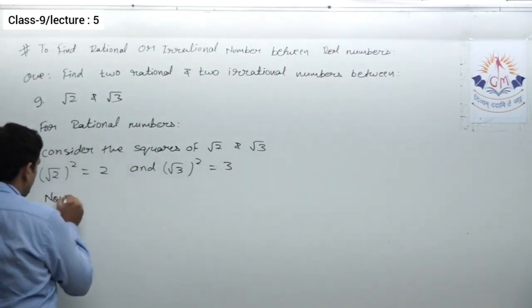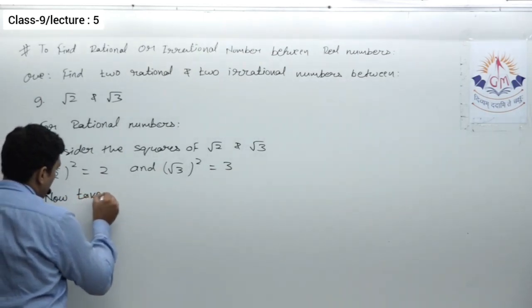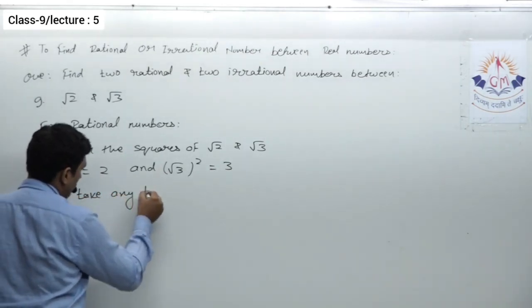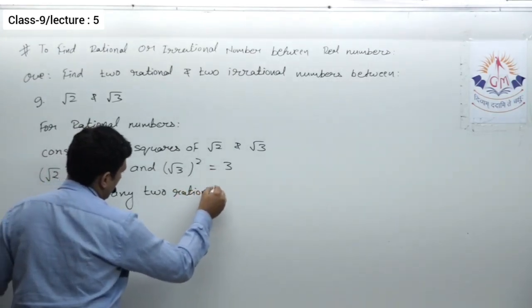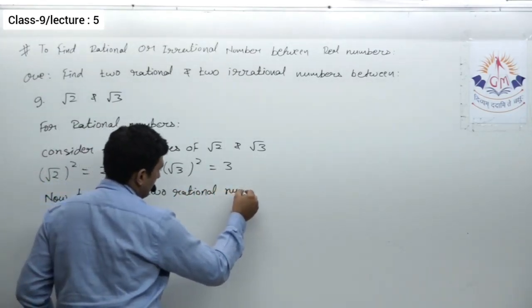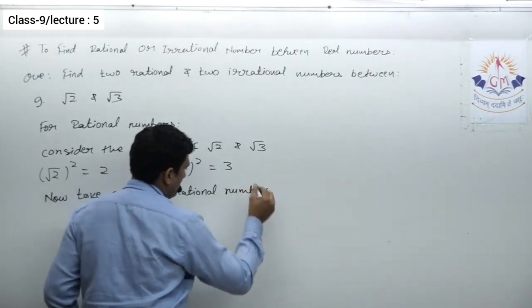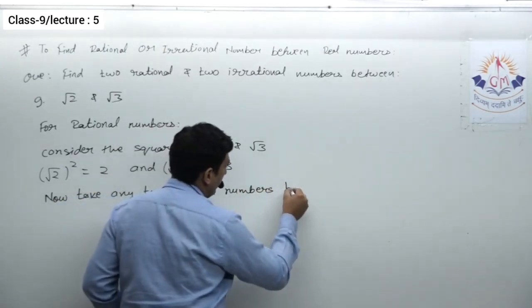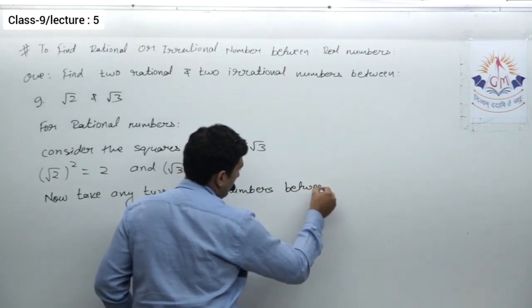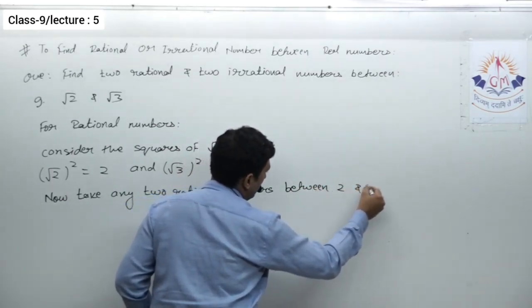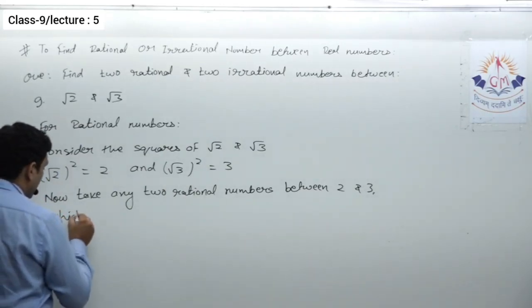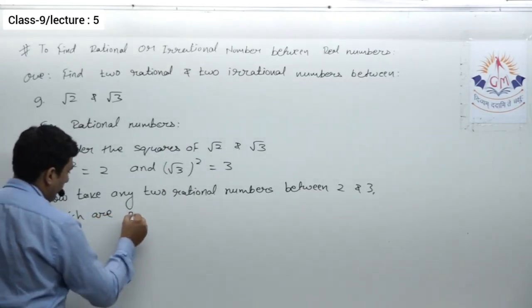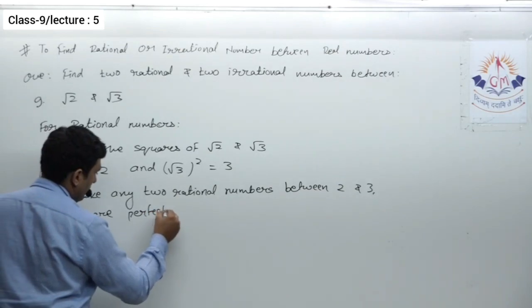Now take any two rational numbers between 2 and 3 which are perfect squares.